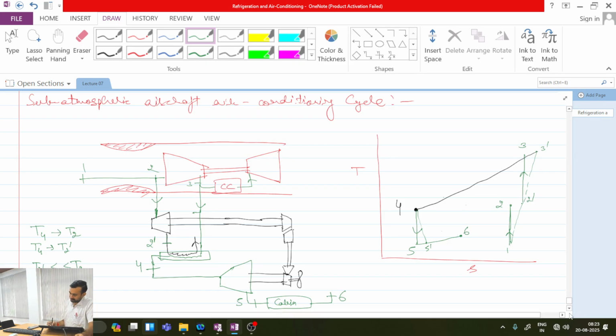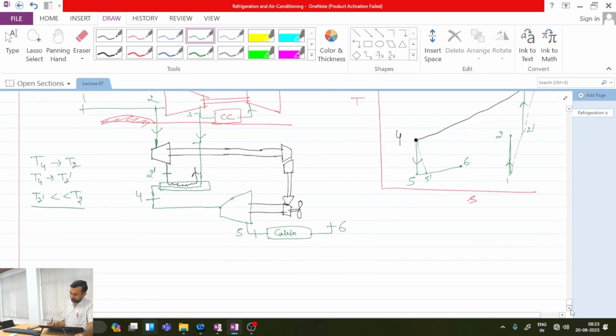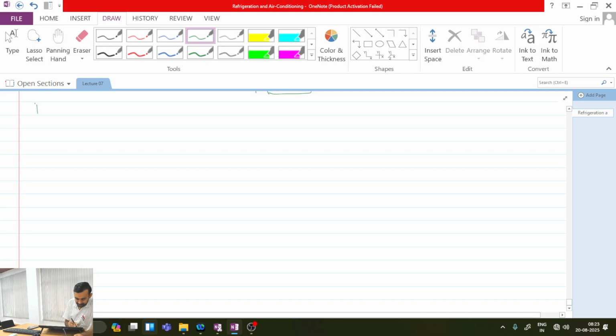So for comparing these 4 different cycles, we have one parameter which is called DART. DART is called dry air rated temperature.